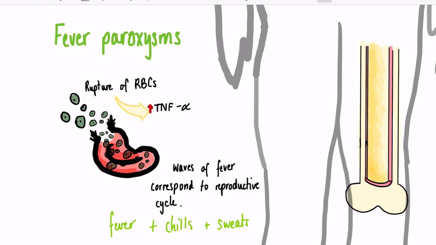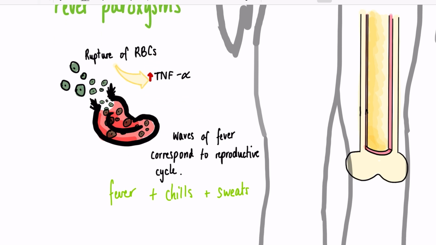The reason for these paroxysms is that the fevers are associated with the rupture of these red blood cells, leading to an increase in pro-inflammatory molecules such as TNF-alpha, which is a cytokine. So the waves of the fever correspond to the reproductive cycle of the Plasmodium.